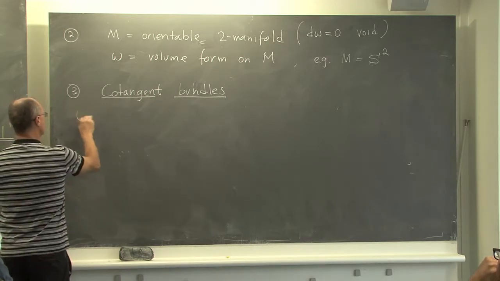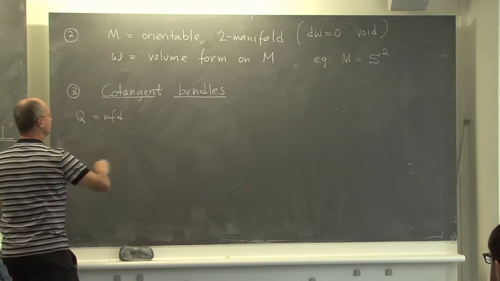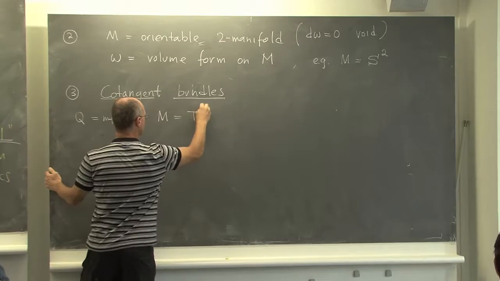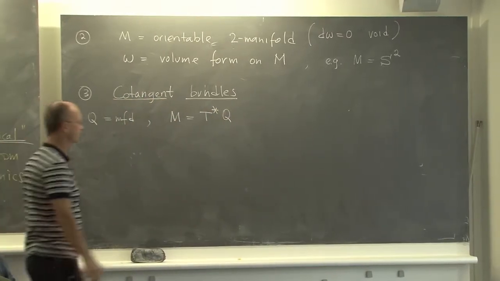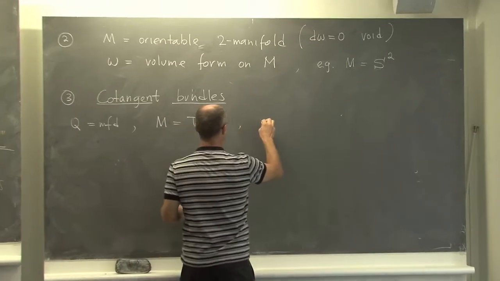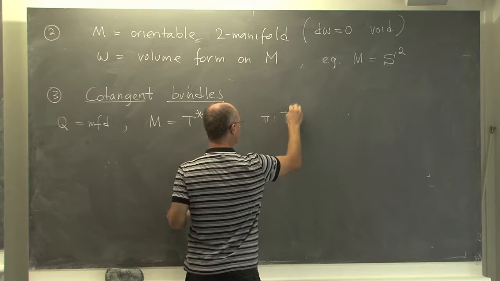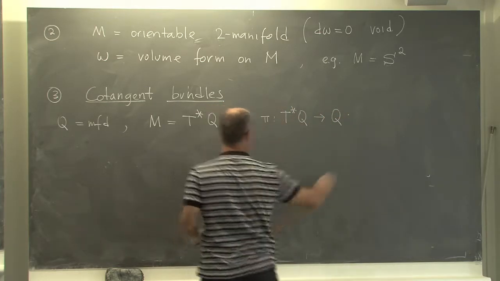So let's say Q will be a manifold, and our M will be the cotangent bundle of Q. I'll use pi for the canonical projection.